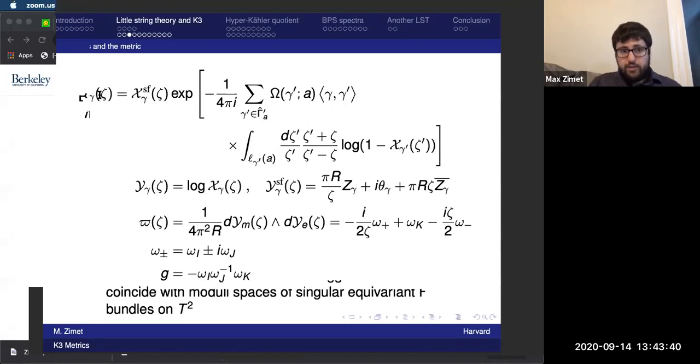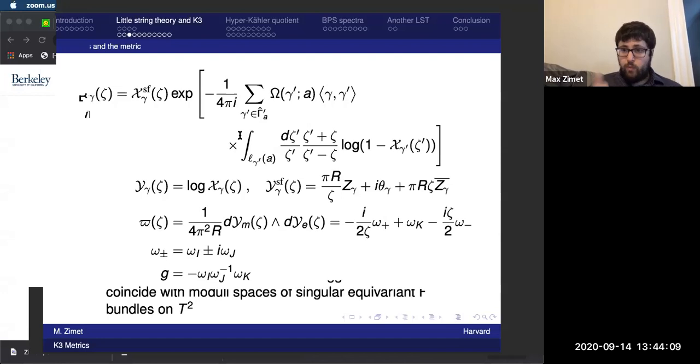So for each zeta, you get a locally holomorphic function on the moduli space, and K3 doesn't have globally holomorphic functions because it's compact. So the way one gets around that is that they're discontinuous at certain points, and those discontinuities are determined by a wall crossing formula.